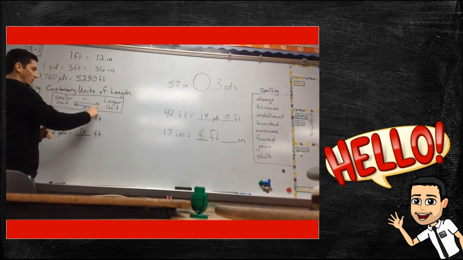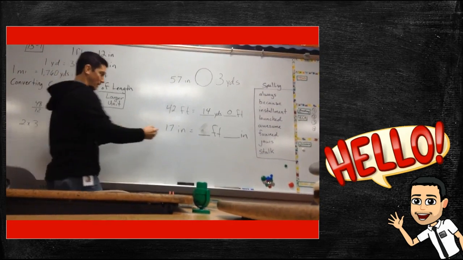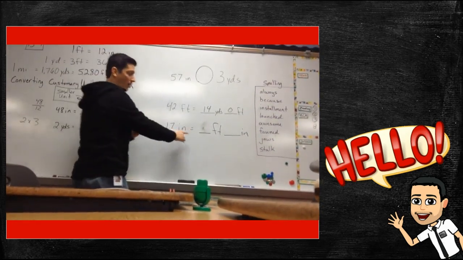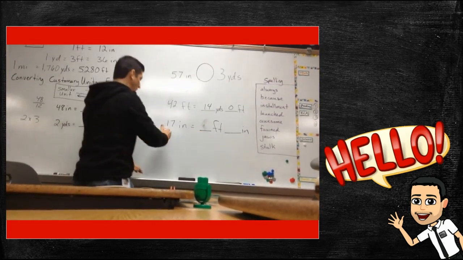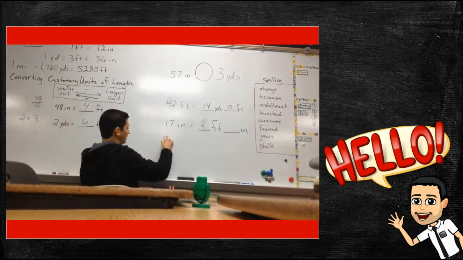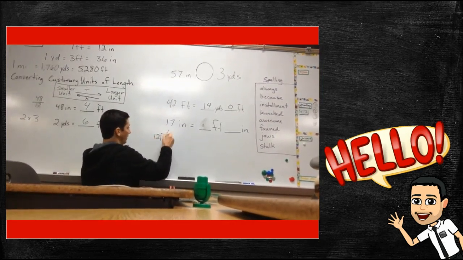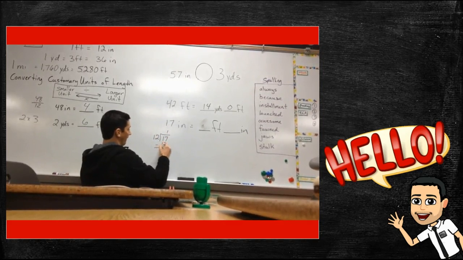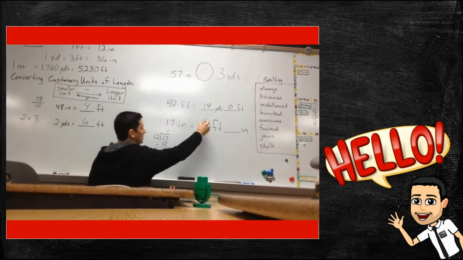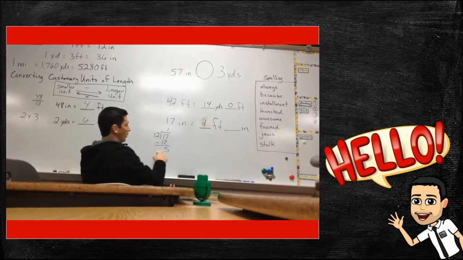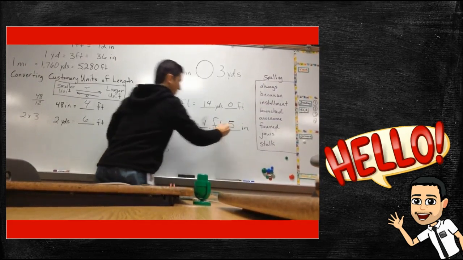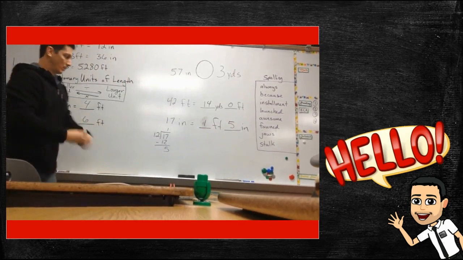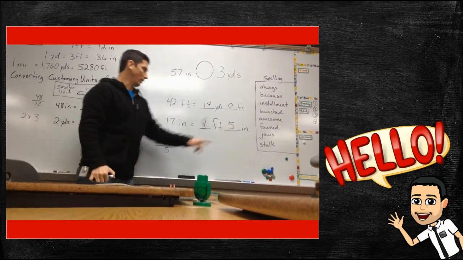Smaller unit to larger. That means I'm going to divide. What do I divide by? How many inches are in a foot? There are 12. So 17 divided by 12. I have, in 17 inches, there's 1 foot with 5 inches left over. The remainder is going to be what's over here.